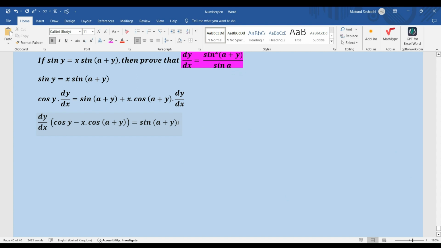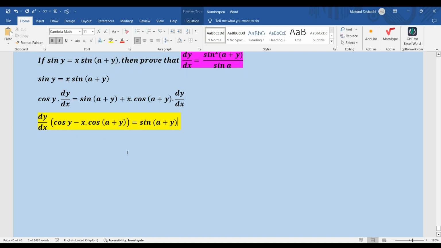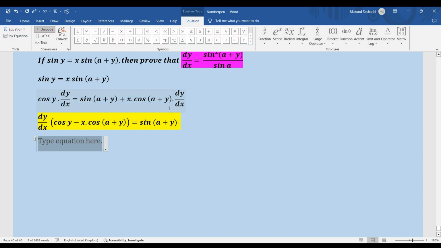So I have an expression right now in front of me, which is an incomplete dy/dx, and I want you to relate it to the expression in pink. Let me call it, say, yellow. And I have an x here, whereas my answer, which is dy/dx, is devoid of x, right? So I will have to try and eliminate my x from this particular equation. So let's attempt doing that.